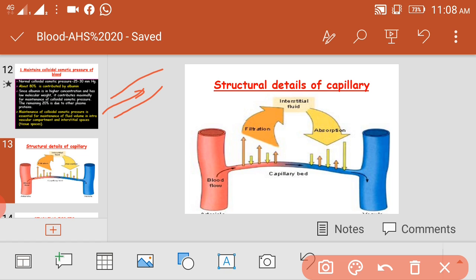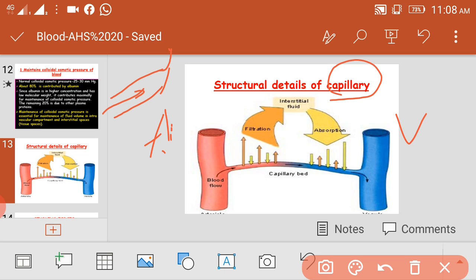These blood vessels form many formations, like capillaries, when coming to the tissue or cells. Now there is the arterial end and this is the venous end.